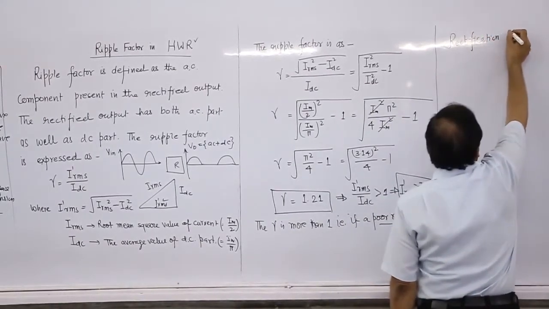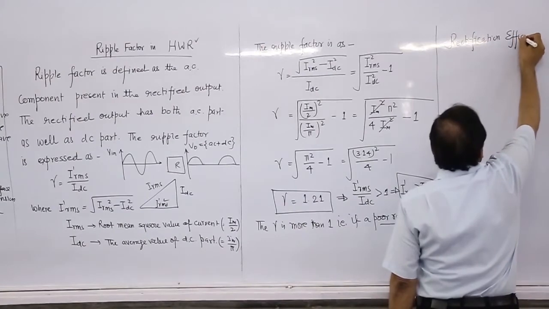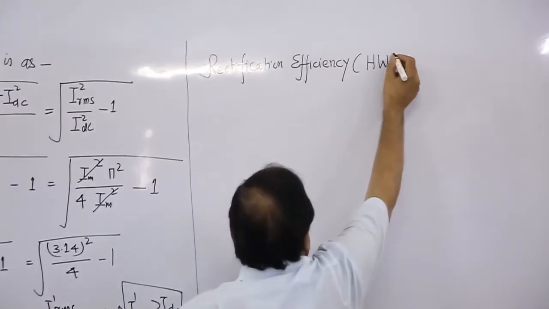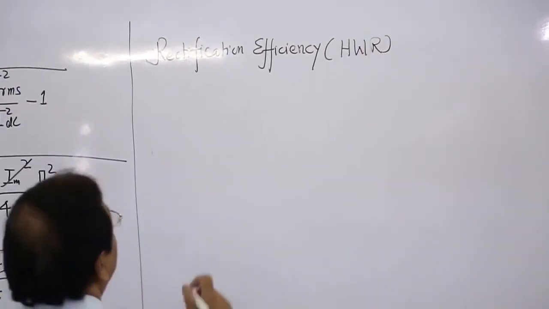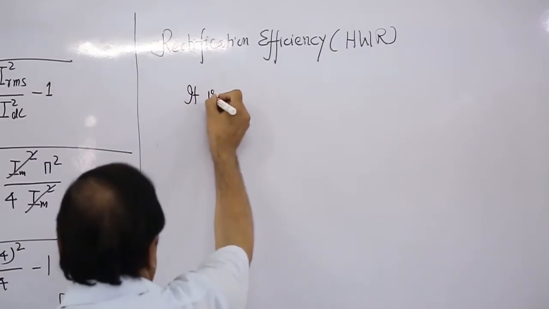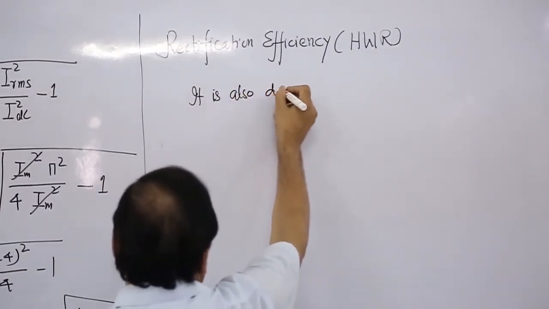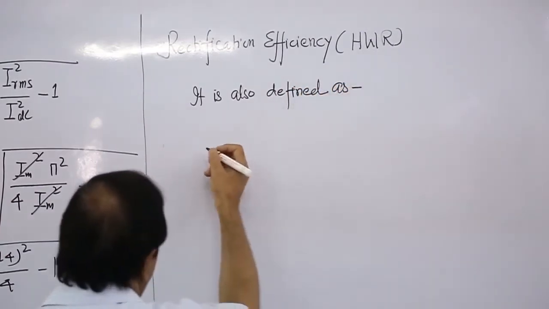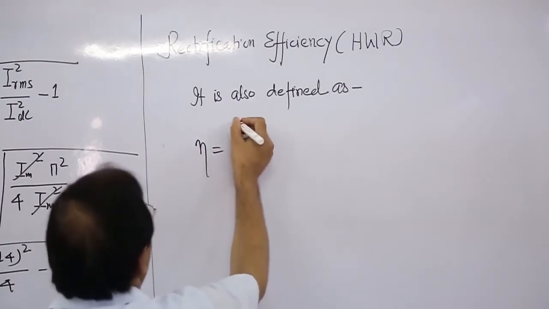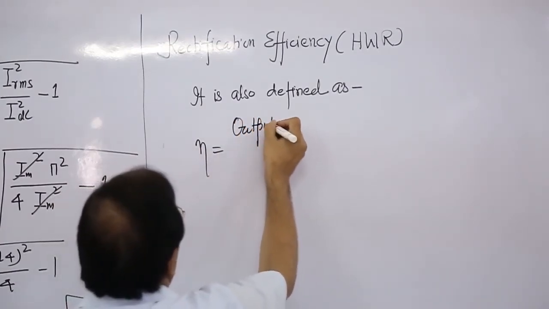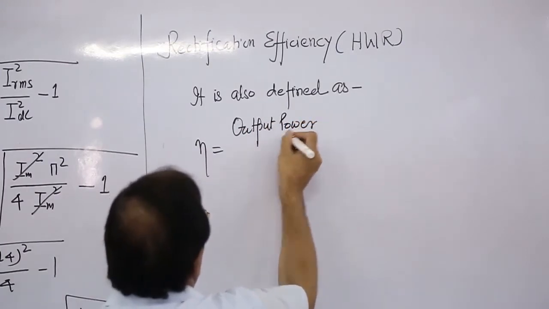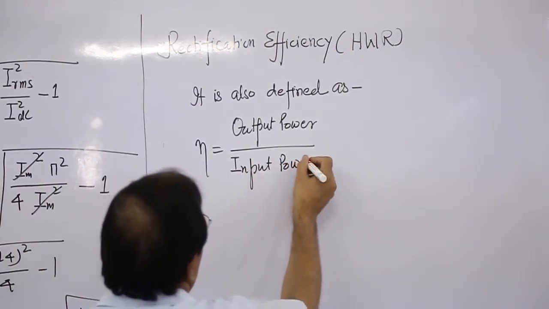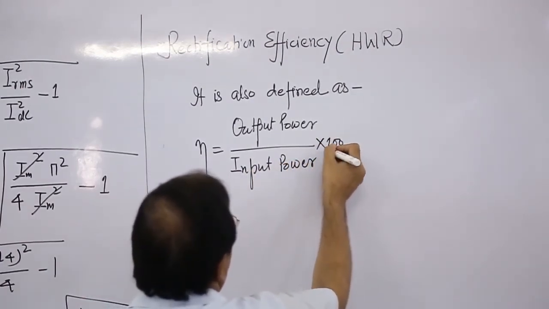Rectification efficiency in half wave rectifier is also defined as eta, that is output power upon input power multiplied by 100.